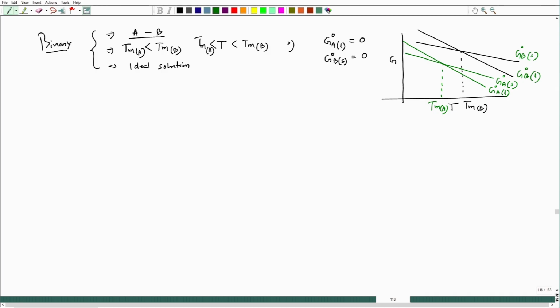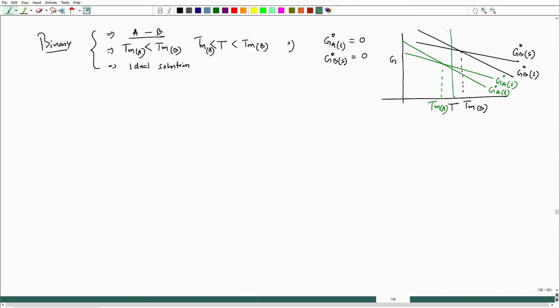Okay. We can put it in black ink. So, we have taken a temperature which is in between. This was the temperature we have taken.